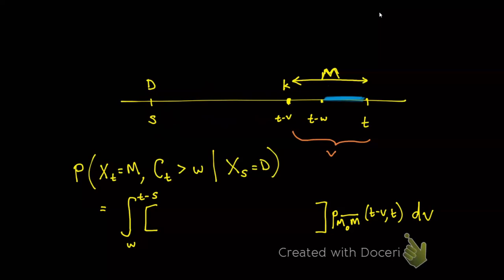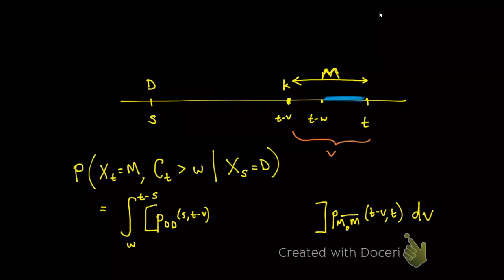Those expressions are simply: the divorce to divorce part will be the probability of going from divorced to divorced between time S and time T minus V. And then we want to transition at time T minus V to married, because V represents the last transition to married.